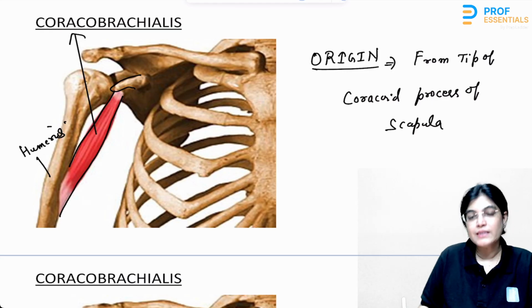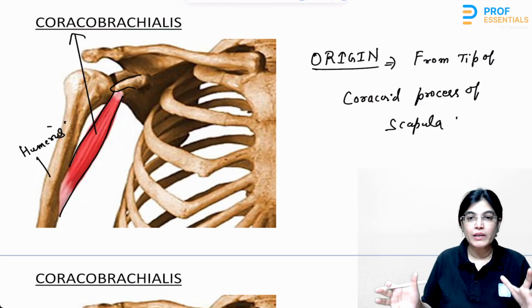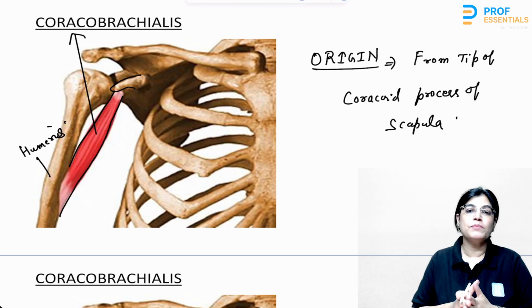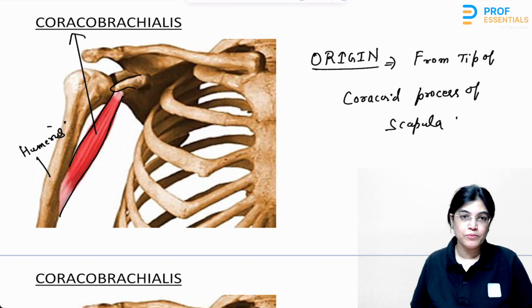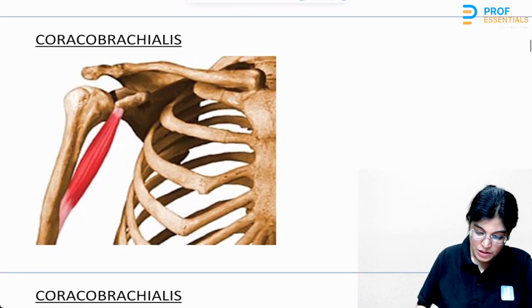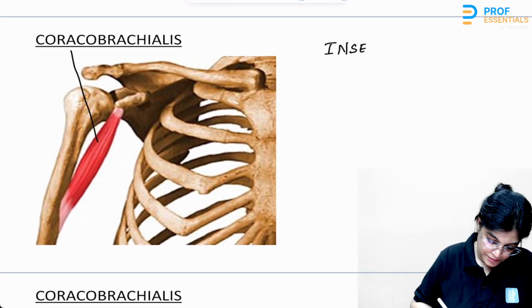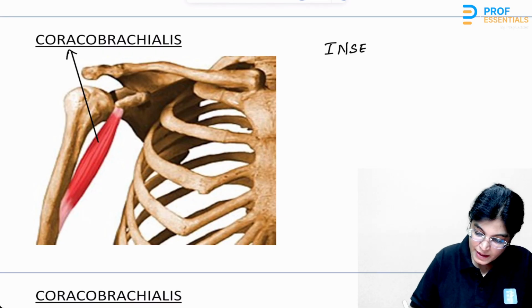Okay, I'm not writing it once more, that along with the short head of biceps brachii, number of times I have told you. So you just remember both these muscles arise from the coracoid process, coracobrachialis and short head of biceps brachii. What about insertion? So you can see the insertion of this muscle, coracobrachialis.